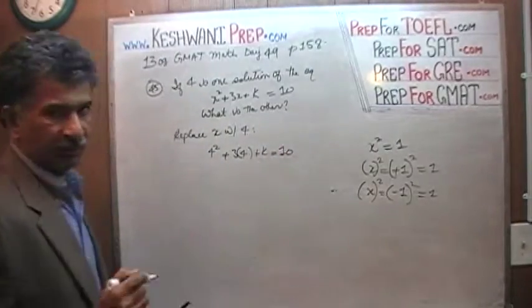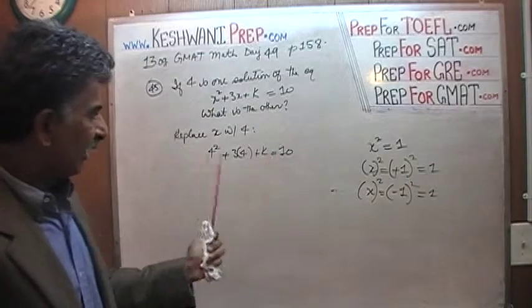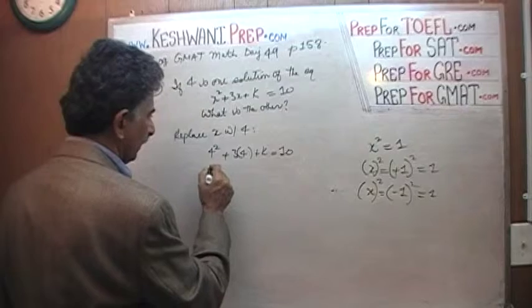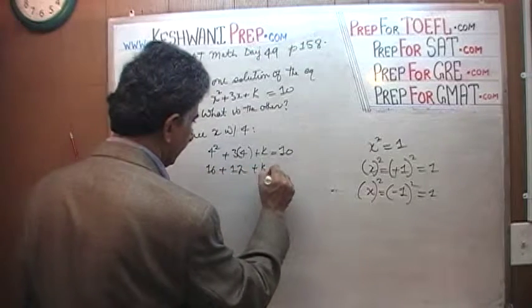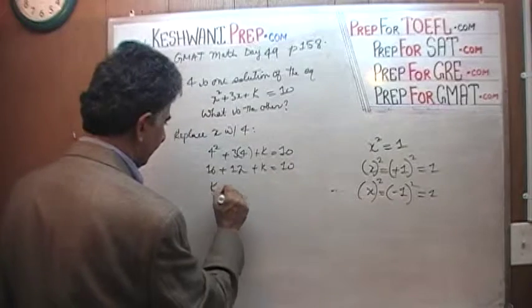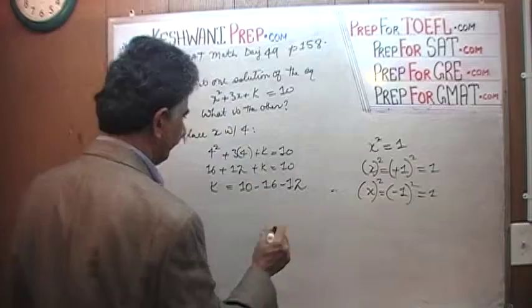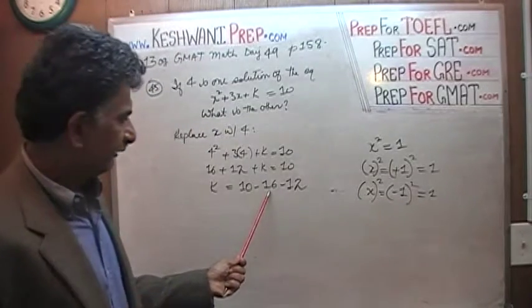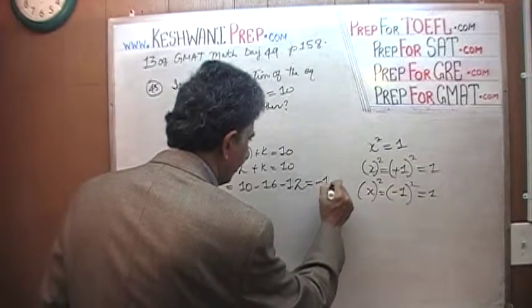That is a valid equation, so we can find the value of k. 16 plus 12 plus k equals 10, which means k equals 10 minus 16 minus 12. 10 minus 16 is negative 6, and negative 6 minus 12 is negative 18. So k equals negative 18.